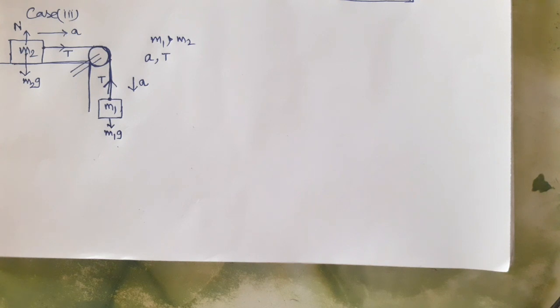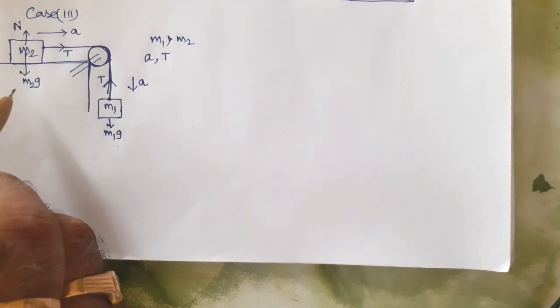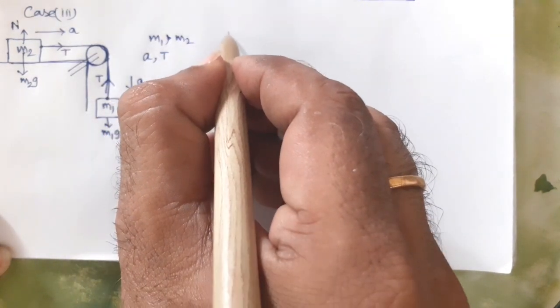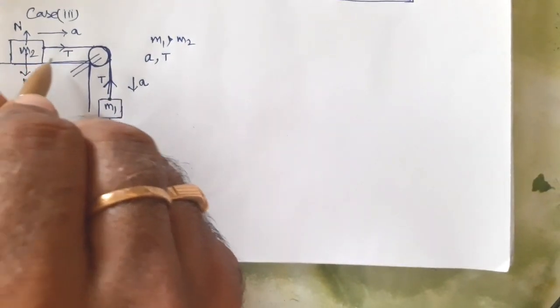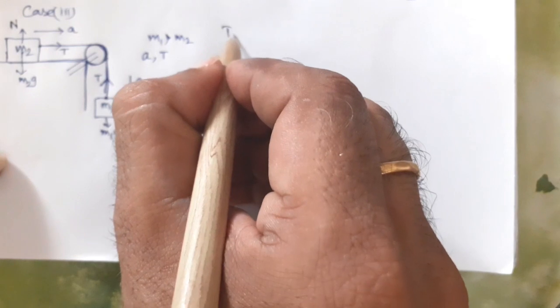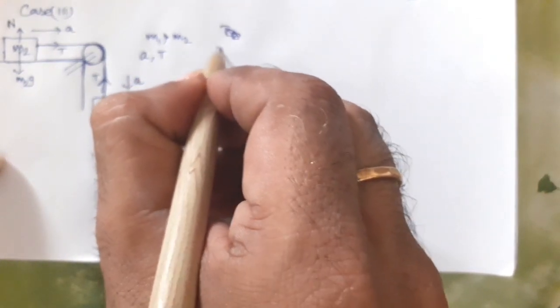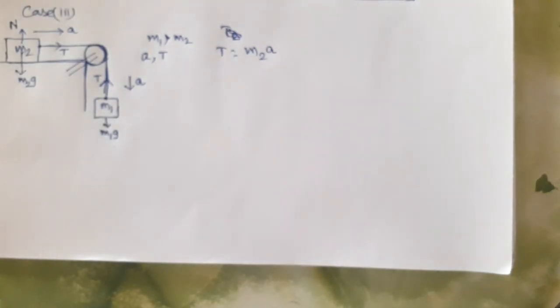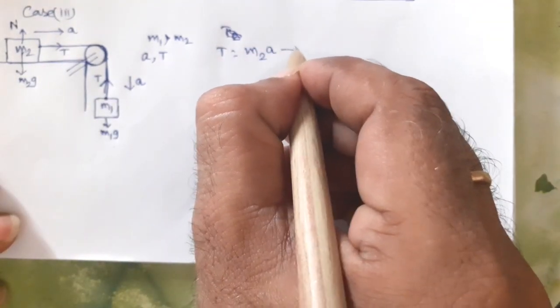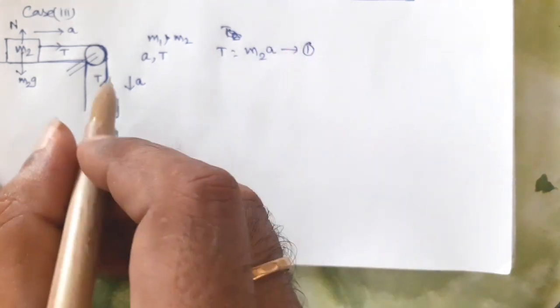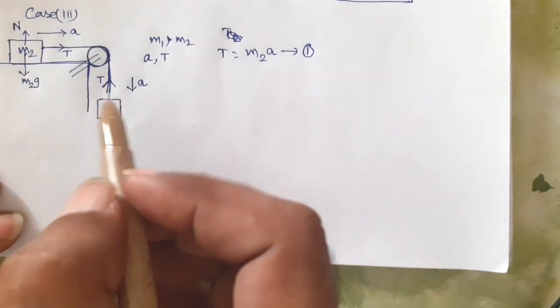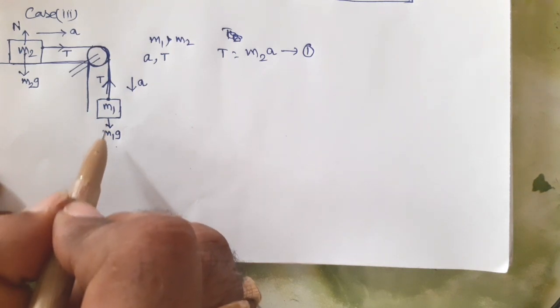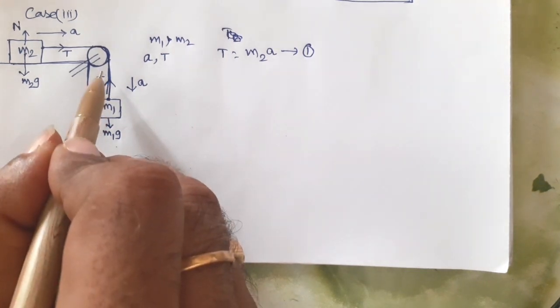Therefore, while considering the tensions, the tension in this part of the string is T is equal to m2a. And coming to the other part of the string, weight is in this direction, tension is in this direction.